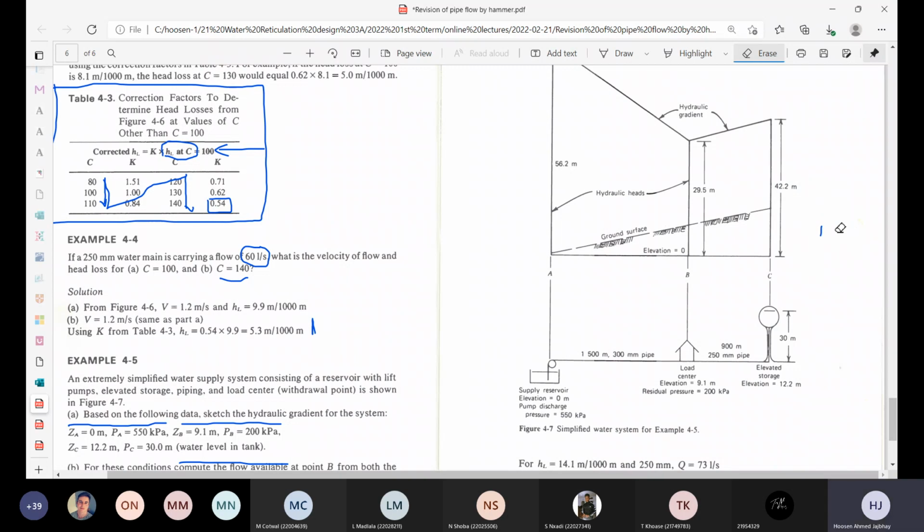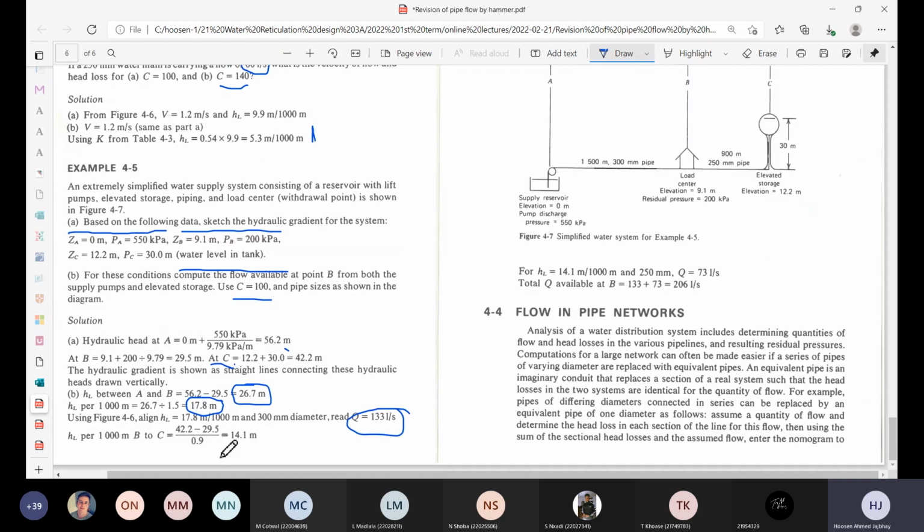Okay, now we proceed in the same fashion as we did for AB. 42.2 meters is the hydraulic head at point C, and 29.5 is the hydraulic head at point B. So if we subtract 29.5 from 42.2, that will give you the head loss occurring in pipeline BC. That's what's being done here in the numerator of this equation.